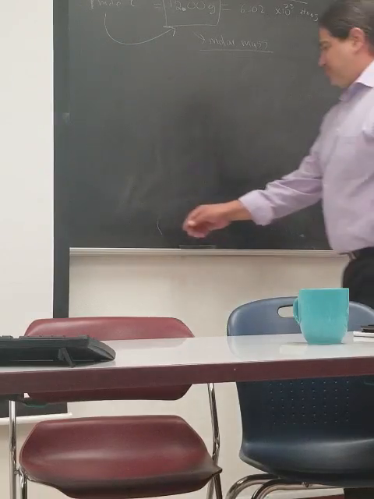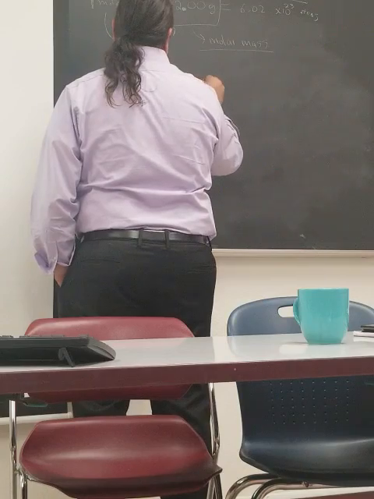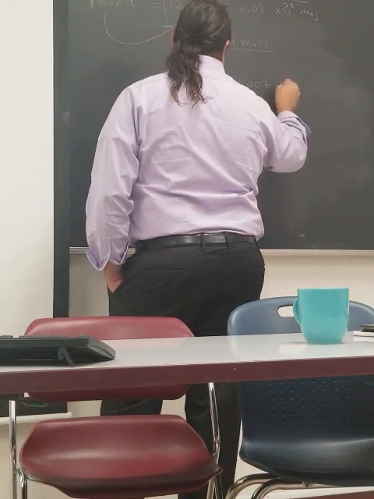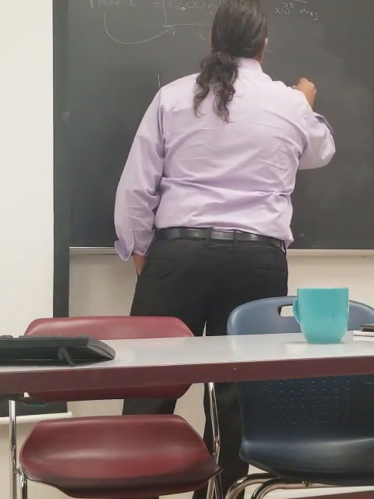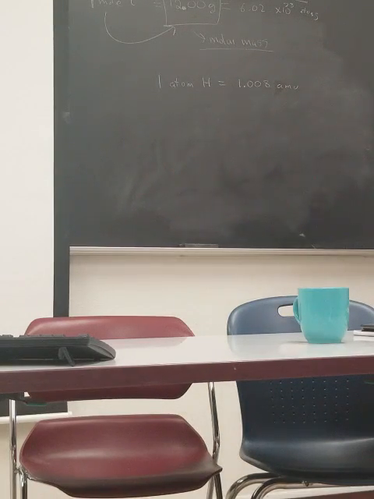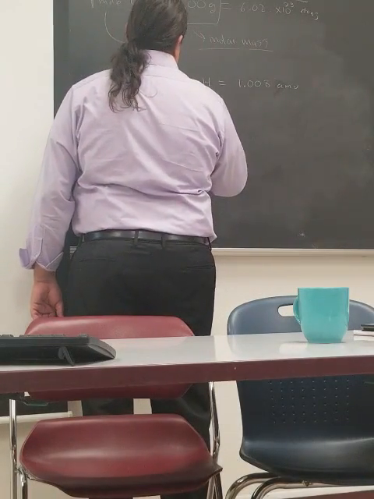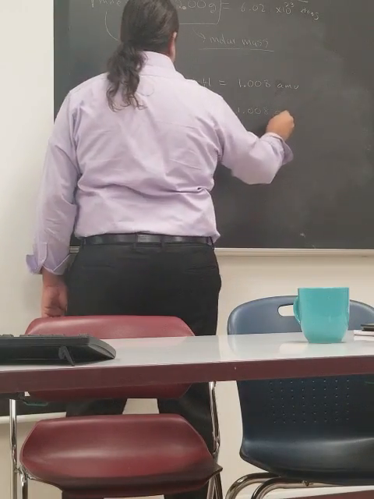So you go to the periodic table and find hydrogen. The periodic table will tell you to 4 significant figures that hydrogen has an average atomic mass of 1.008 AMUs. If instead of 1 atom of hydrogen we have 1 mole of hydrogen, then it's the same number, but now we're talking grams.